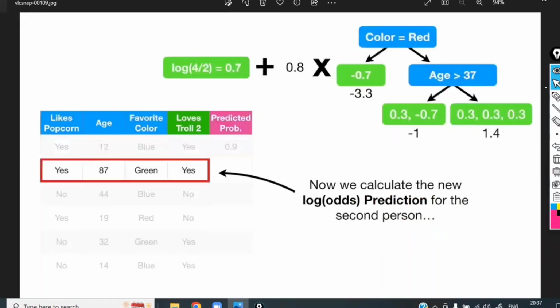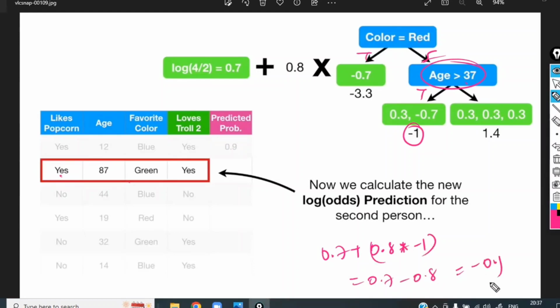Similarly, for the second record, tell me. For the second record, initially it is 0.7. From the decision tree, which leaf does this record belong to? First, color is equal to red: true or false? False. False means this side. Age is greater than 37: true. True means which one? -1. So we have 0.8 into -1, that is 0.7 minus 0.8, which is minus 0.1.